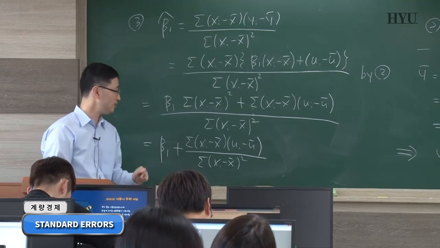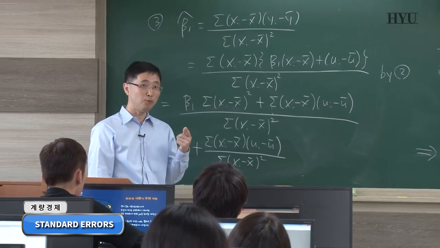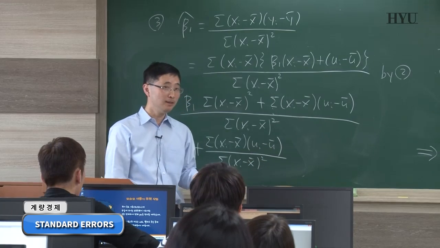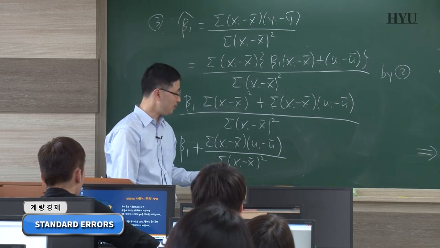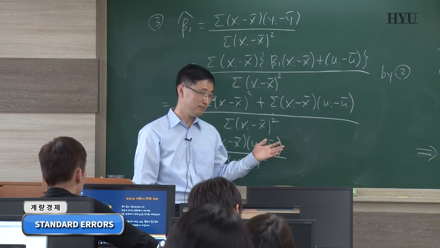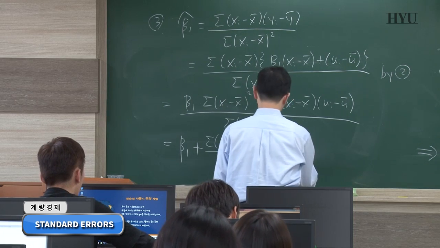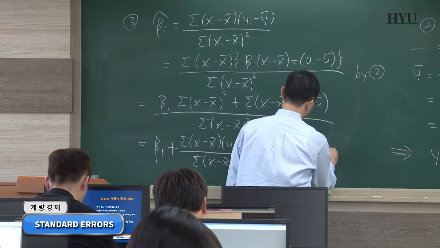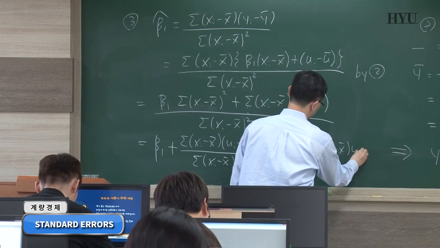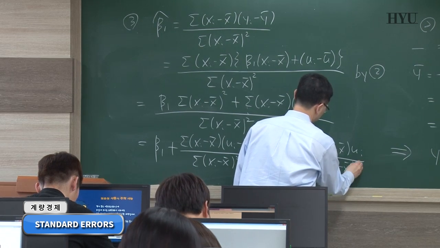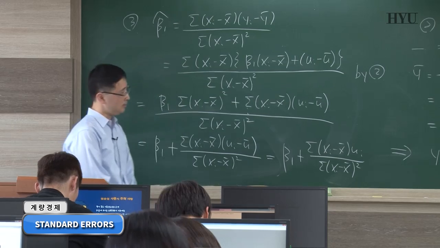The only trick is, remember the step 1. In the step 1 we had yi and y bar, but the same logic applies here. Whether you subtract u bar or not, it really doesn't matter. Okay? It does not change a thing. So that's our step 3.